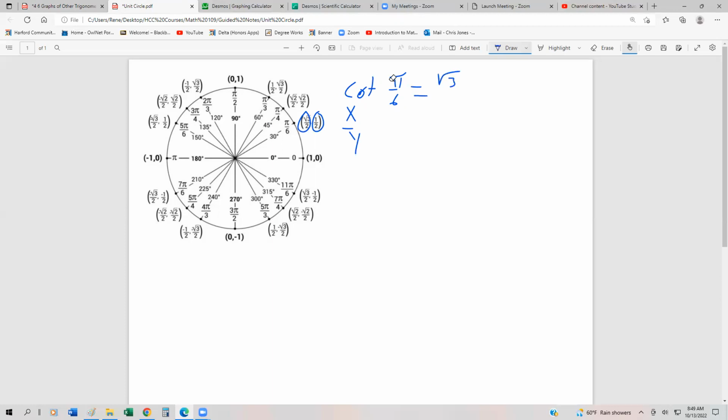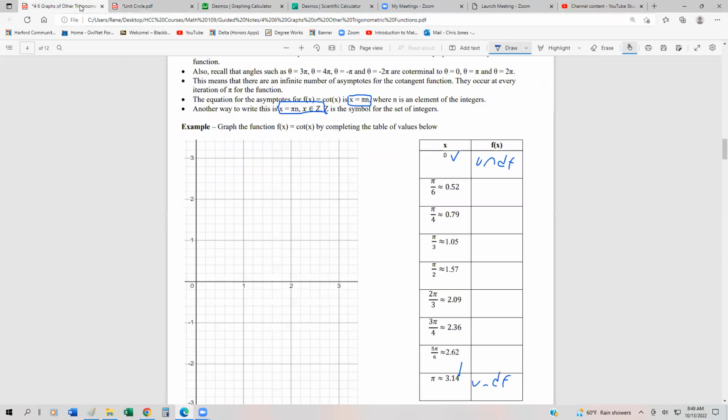So it'll be root 3 over 2 divided by 1/2, which is root 3 over 2 times 2 over 1, which is going to be the square root of 3. And I believe that we showed that the square root of 3 was like 1.73 when we were looking at the tangent function. So right here we get the square root of 3, which is approximately 1.73.